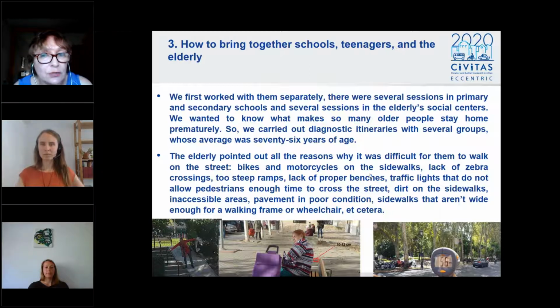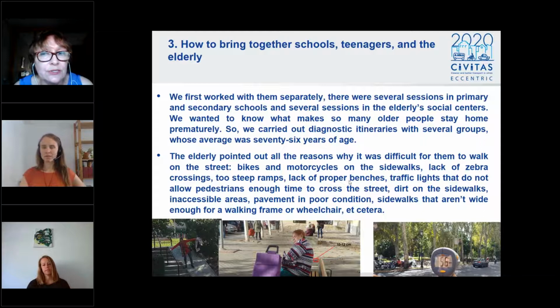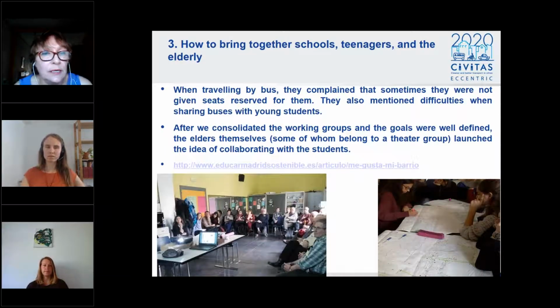Bikes and motorcycles on the sidewalks, lack of zebra crossings, too steep ramps, lack of proper benches, traffic lights that do not allow pedestrians enough time to cross the street, dirt on the sidewalks, inaccessible areas, pavement in poor condition, sidewalks that aren't wide enough for a wheelchair, etc. And when traveling by bus, they complained that sometimes they were not given seats reserved for them. They also mentioned difficulties when sharing buses with young students.